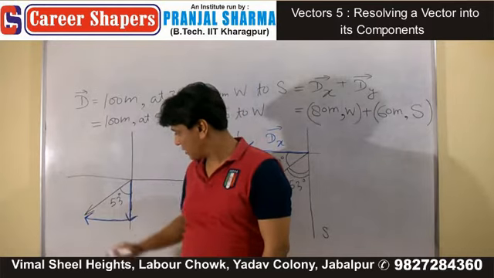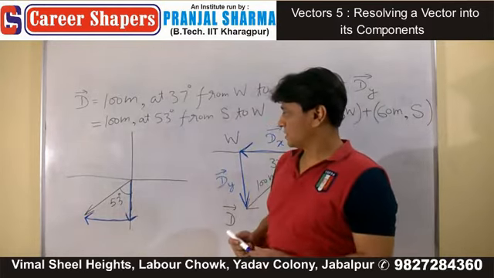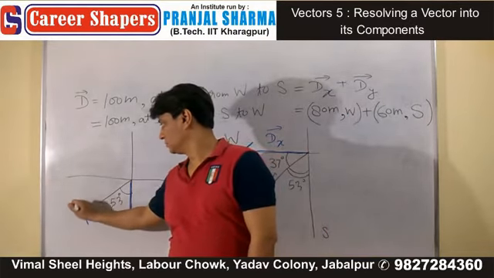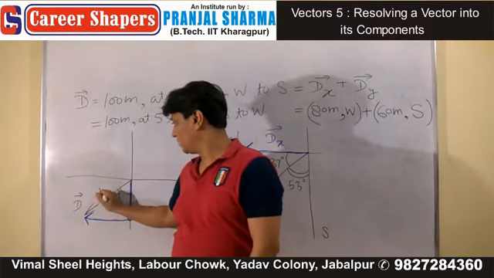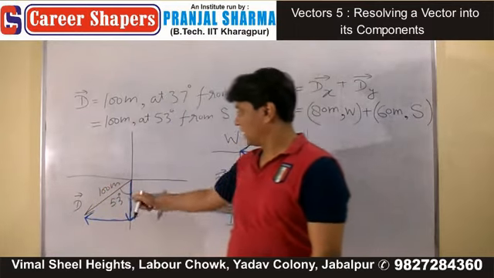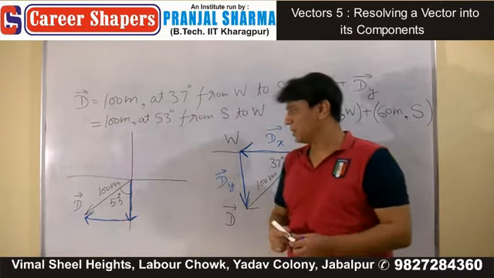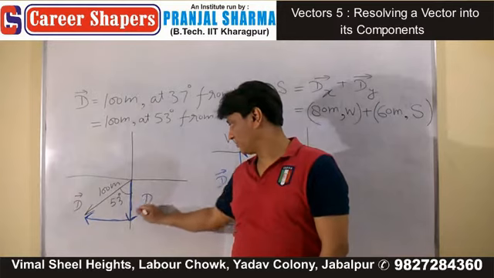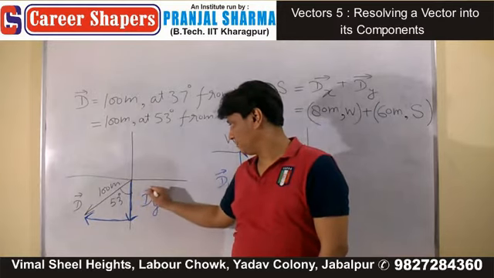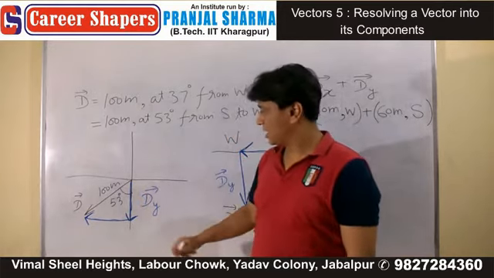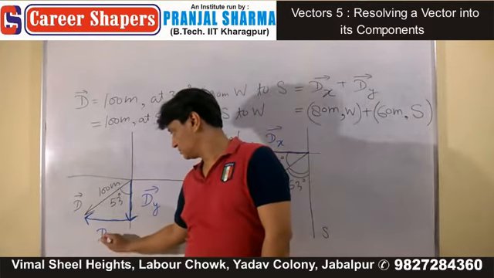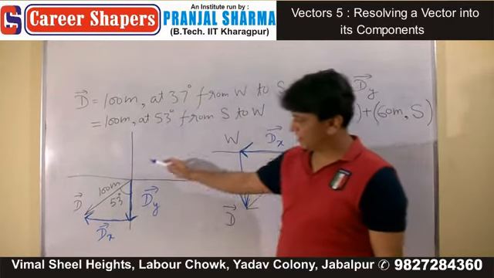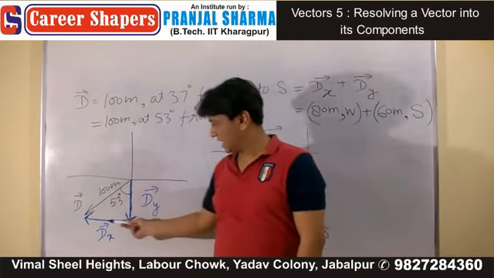Don't forget to put these arrowheads. The main vector D of 100 meters at an angle of 53 can be represented with the help of dy and dx. dy along the y-axis and dx.